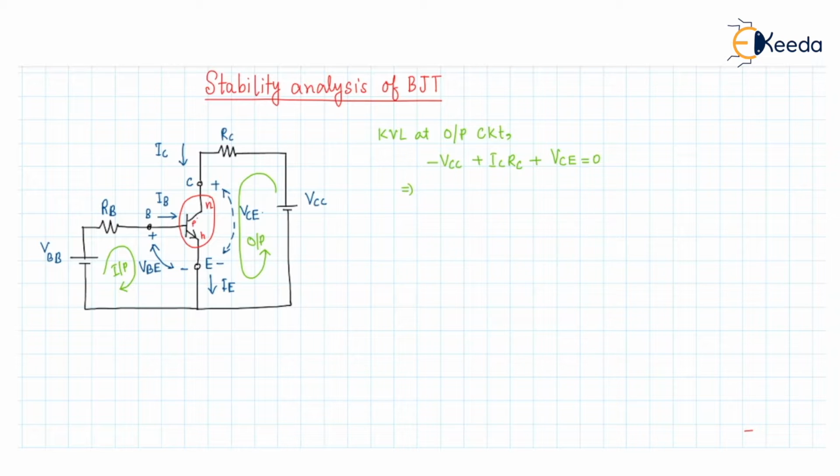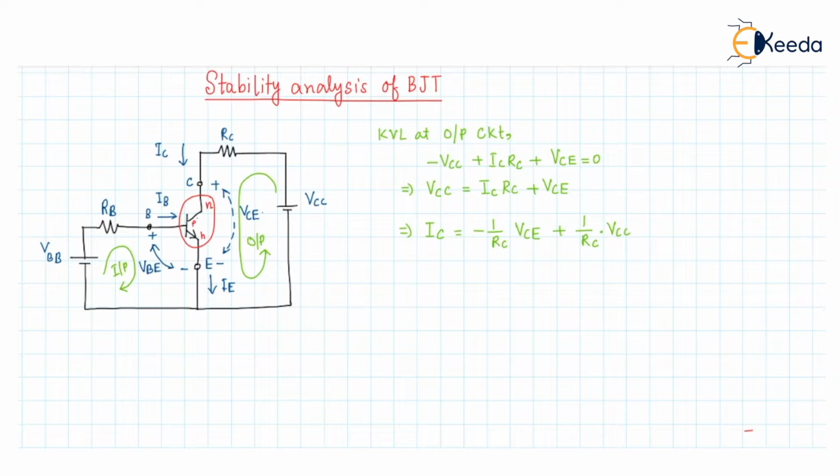From this equation, the value of VCC is IC into RC plus VCE. So if we find the value of IC, it will be minus 1 by RC into VCE plus 1 by RC into VCC.